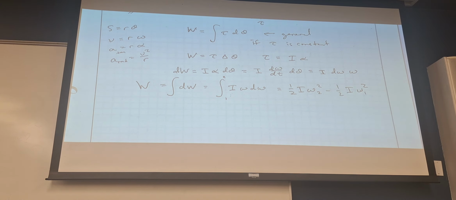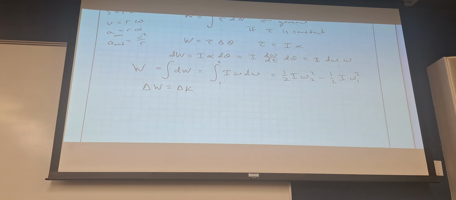So you're changing rotational kinetic energy. It's just the work on the system. It's basically the same as the work-energy theorem. So total work equals total change in kinetic energy.